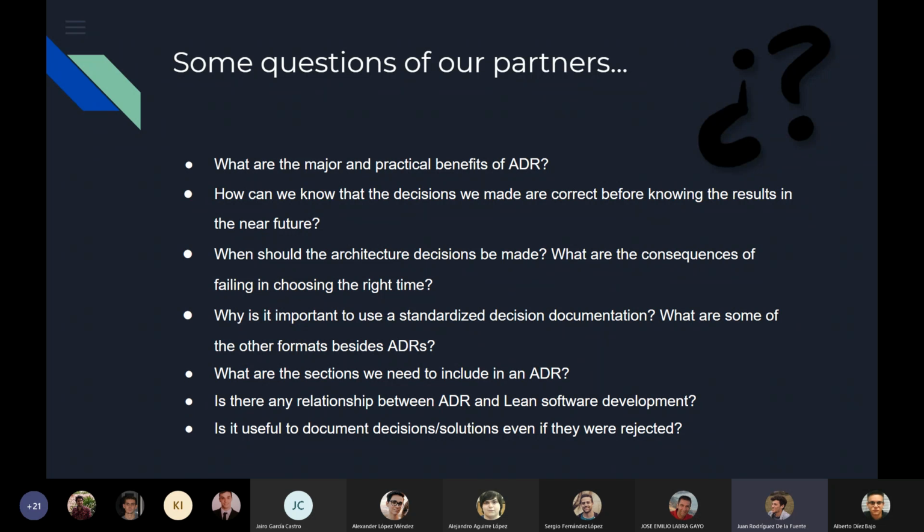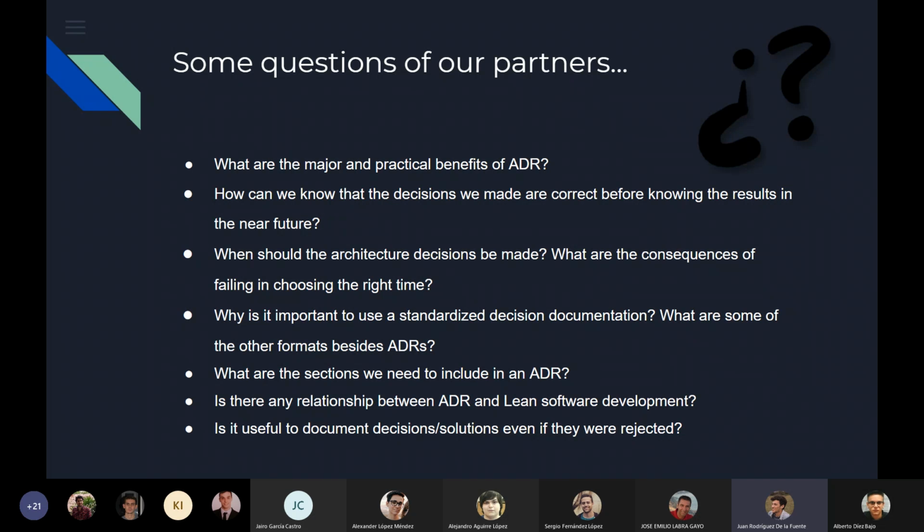Sorry, is there any relationship between ADR and lean software development? Lean development can be summarized by 7 principles, which are eliminate waste, amplify learning, decide as late as possible, deliver as fast as possible, empower the team, build integrity in, and optimize the whole, and that's all.